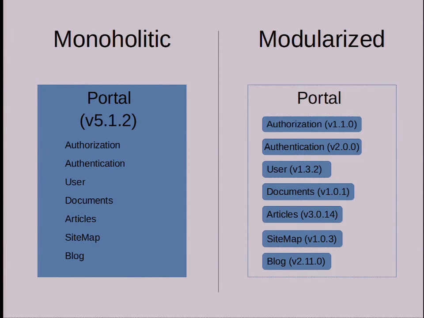If you use modules, all of your schema parts and all of your functions are in different bundles, like authorization, authentication, user management, and you can drop this out and bring in a new user management with different tables inside. You can upgrade them separately, because if you drop a new bundle in with a new version, it will upgrade only that part of the schema, and then everything will function again.